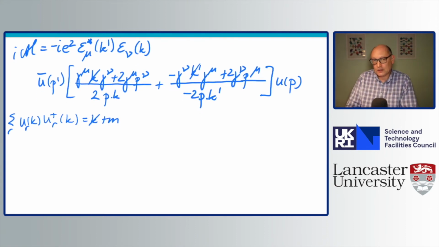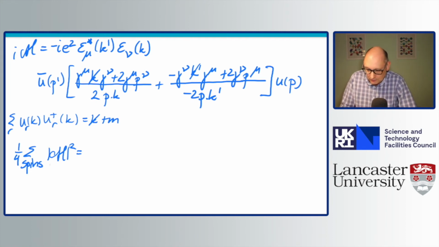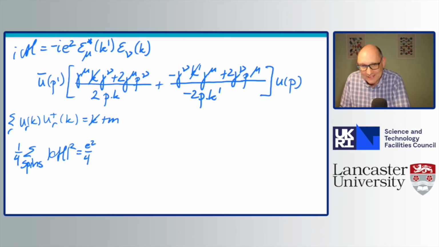So if we want to calculate the sum over polarization and spins for the photon scattering, then when we calculate M squared, so that we want to calculate 1 over 4, the sum over spins of M squared, and that's equal to, of course, we can't forget the mod here. So on the right hand side, we also forget the i's. We get an e squared over 4. That's the easy bit.